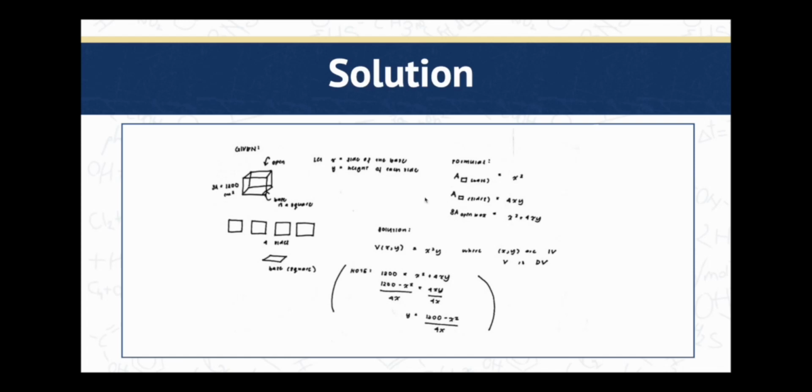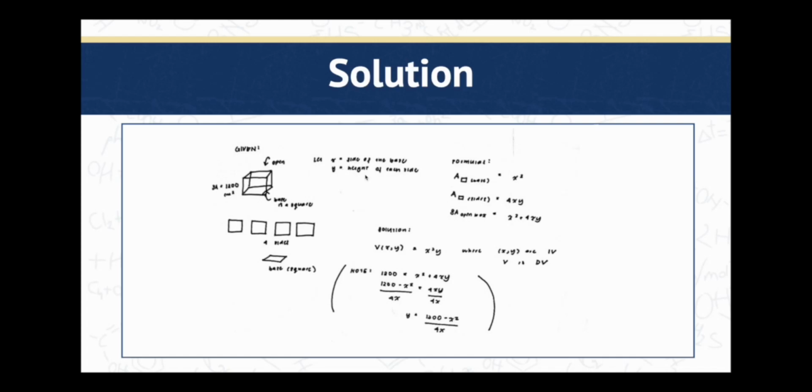As we know from the previous video, the area of a square is x squared, so we will write it down as one of our formulas. The area of our base is x squared, and we cannot be certain that the sides will be square, so just to be safe, we will designate them with x and y, where y is the height of each side.